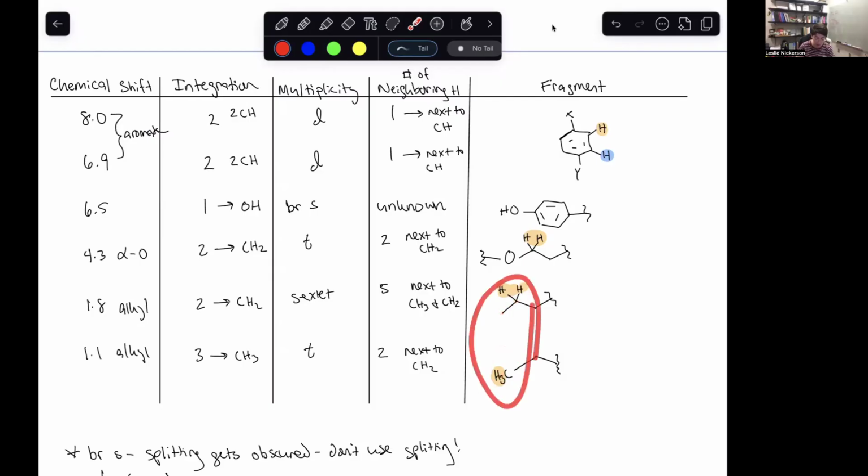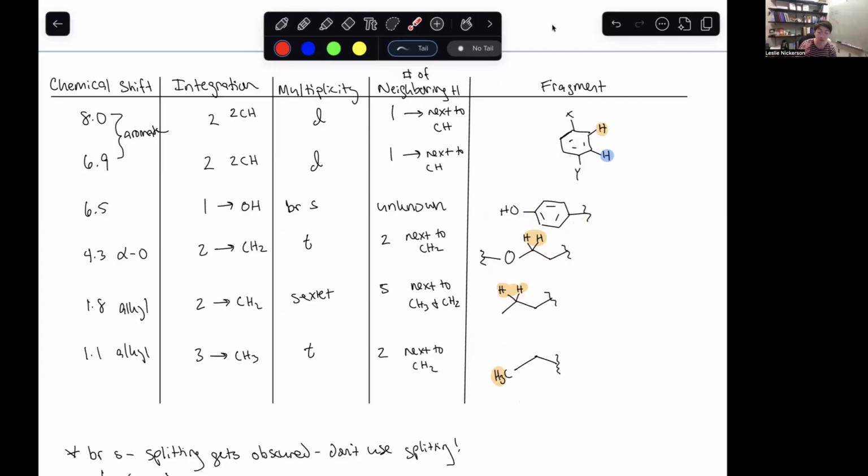So I've got some fragment overlap. I've got some chain situation happening here where that CH2 needs to be next to a CH2, and I've got that going on, right? I've got my alcohol is probably on my benzene, and then I have to figure out what the other thing next to it is.